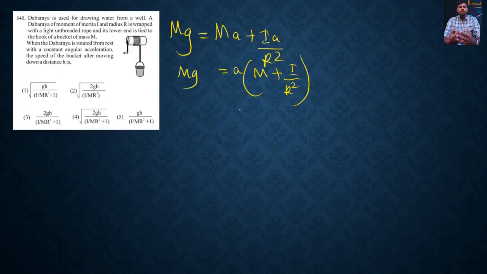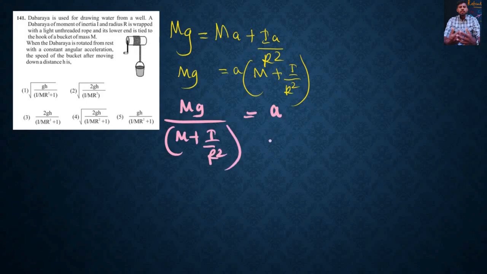So acceleration, let's write the acceleration now. Let's make it the subject. A equals mg over capital M plus I over R squared, right? And have a look here, we have 1 plus I over mr squared everywhere. So basically what they have done is they have taken m out.